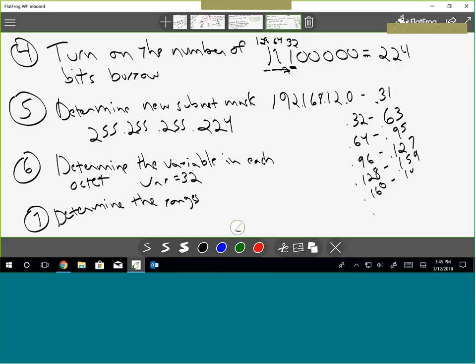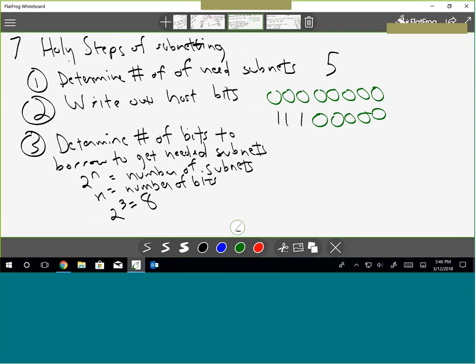192 to 223, 224 to 255. How many subnets do we see here on this board right now, folks? 8. How many did I say we were going to have? I said if we borrowed 3 bits, we'd have 8 subnets, right? We got 8 subnets.